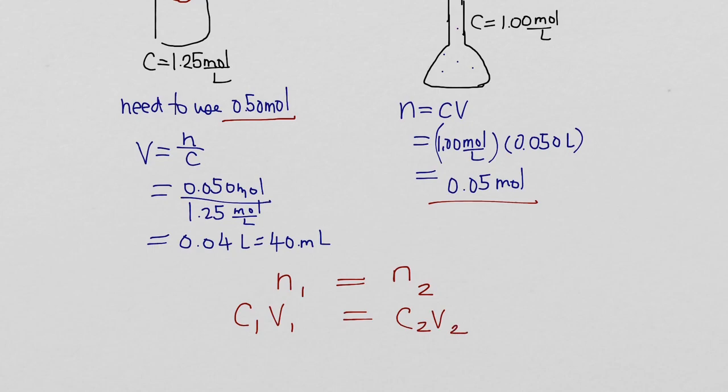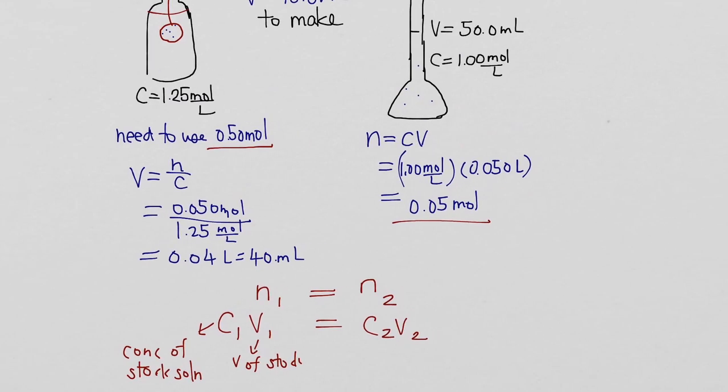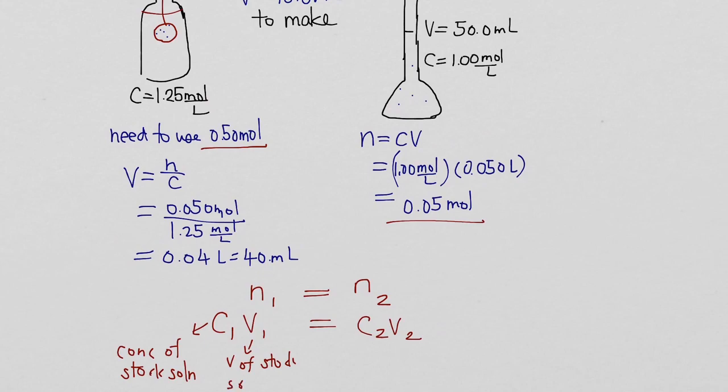C1 represents the concentration of the stock solution, and V1 represents the volume of stock solution required.